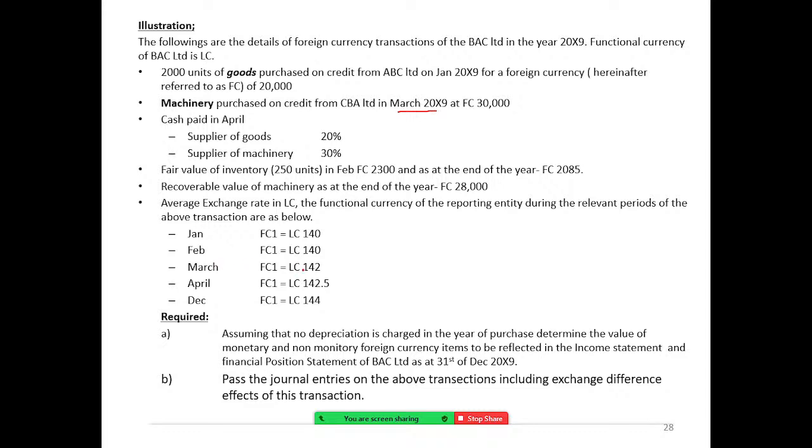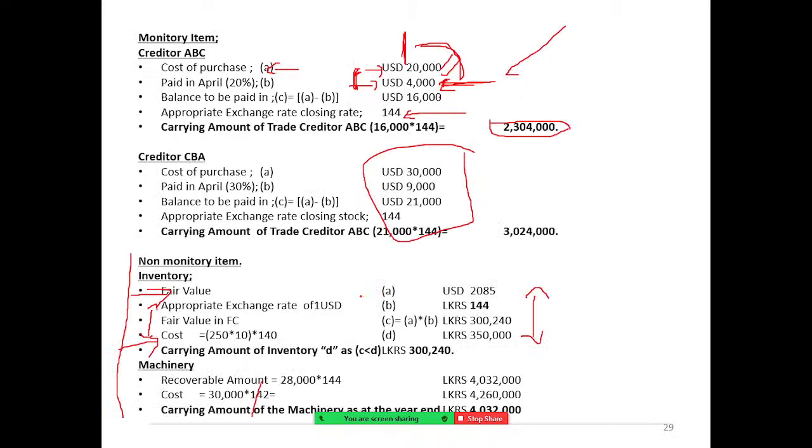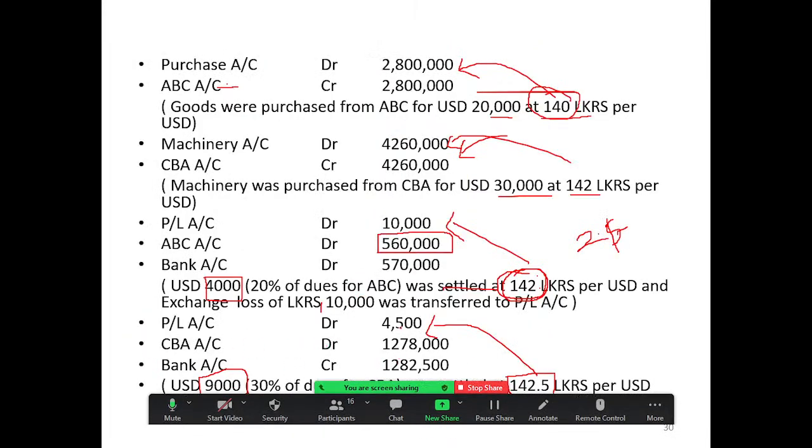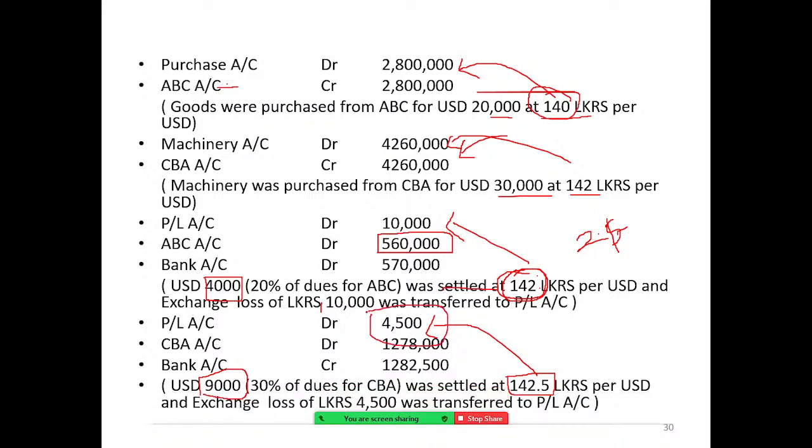So March exchange rate was 142. Settlement is 142.5. So only 0.5. 0.5 into 9,000 equal 4,500. That will be recognized as loss. And credit account will be debited, and bank account will be credited. So this is about the transactions and losses.